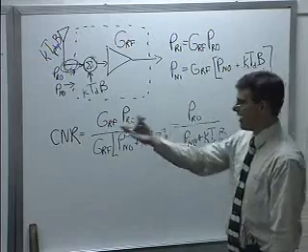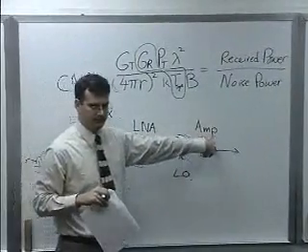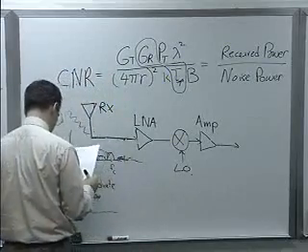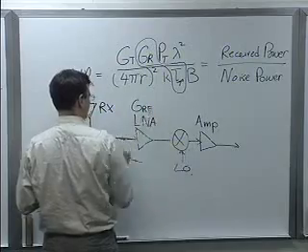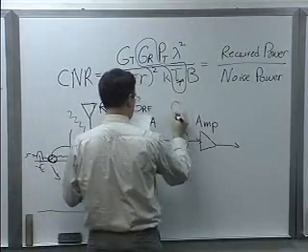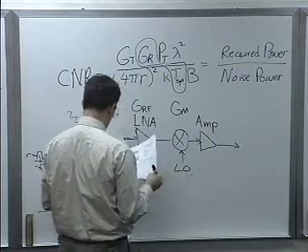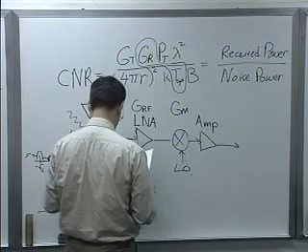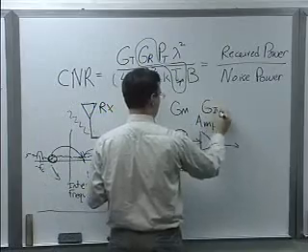Okay, so let's go back to this pane over here. And look, we've got multiple devices through here. Each of these devices is going to have some sort of gain associated with it. So let's call this G sub RF. This will have G sub M. Call this a mixer. And let's see, what else do we want to add in here? So we have another amplifier, so we'll call this G IF.